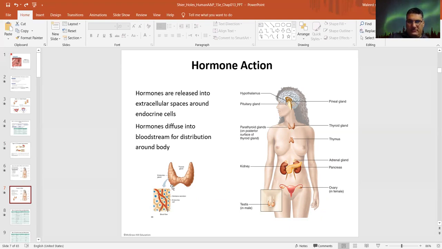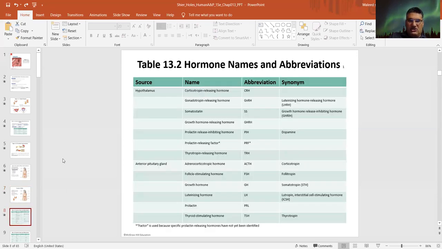It's called the hormone. Since there is no duct, it will be secreted and it will reach the extracellular spaces, which are these spaces in between the cells. And it will move in between the cells until it finds a capillary or something and goes in, and it will move in the blood until it reaches the final destination.